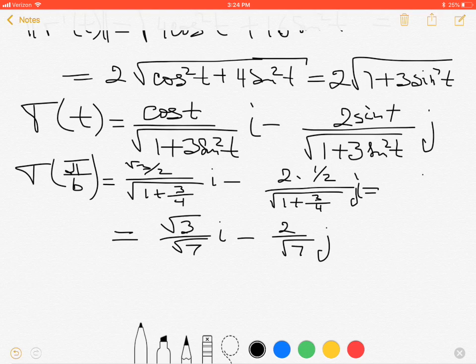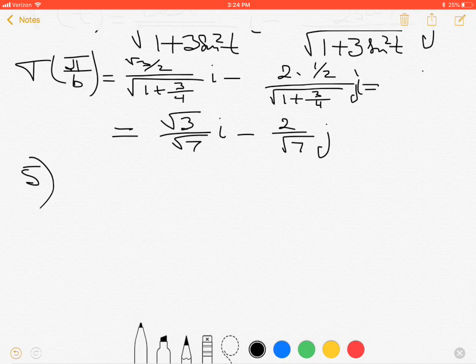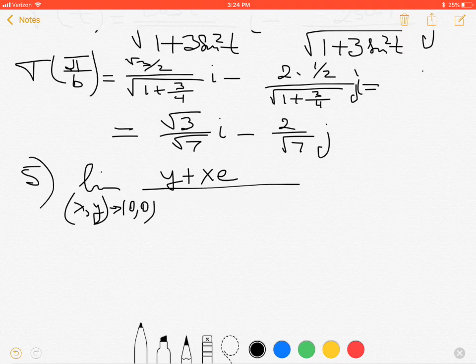Number 5. Find the limit. Here you have the function, x, y approaching 0, 0, of the fraction y plus x to the power e to the power negative y squared, divided by 1 plus x squared.